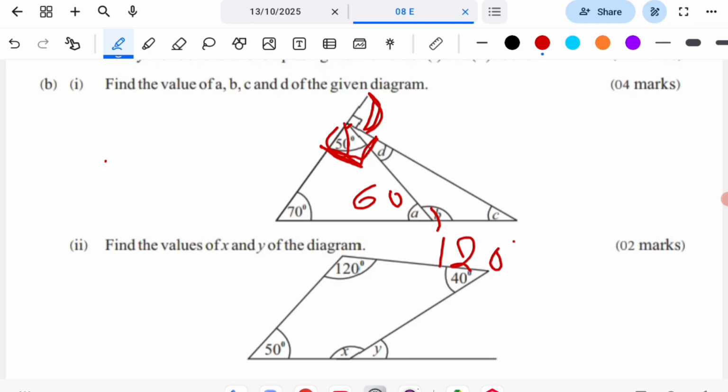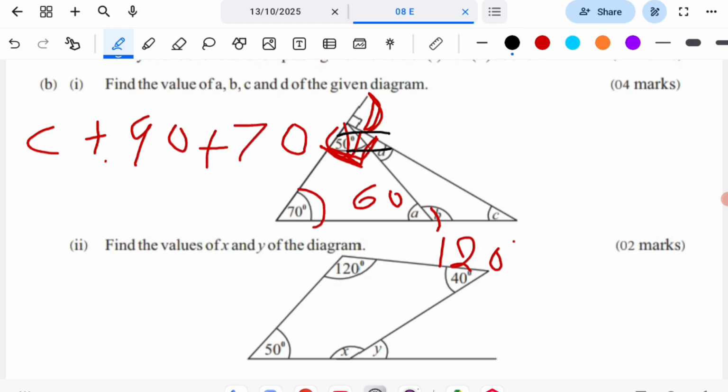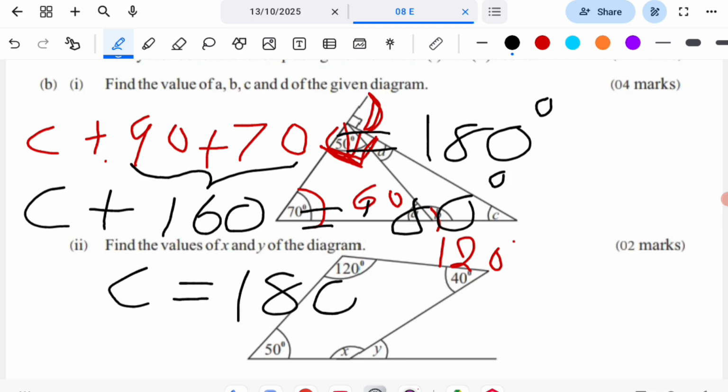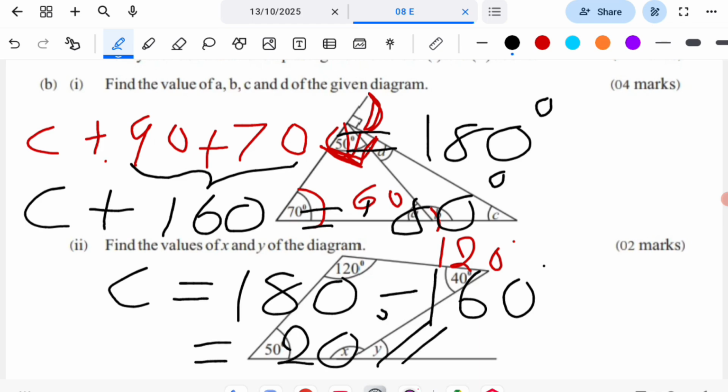Therefore, we get a large triangle, and we can write c plus 90 plus 70 equals 180 degrees. Then c plus, I will add these two values, 90 plus 70 is 160, so c plus 160 equals 180 degrees. Then the c value is 180 minus 160. It is 20 degrees. Then the c value is 20 degrees.